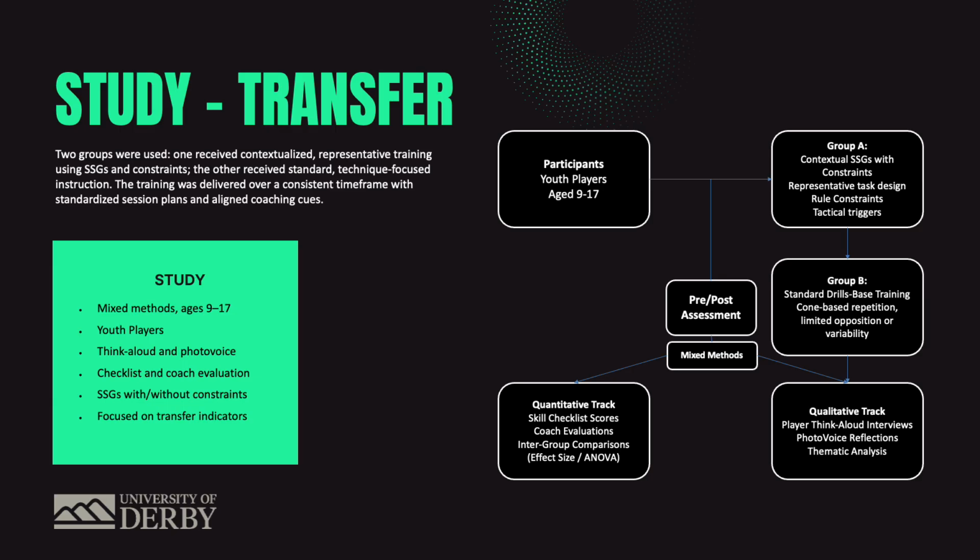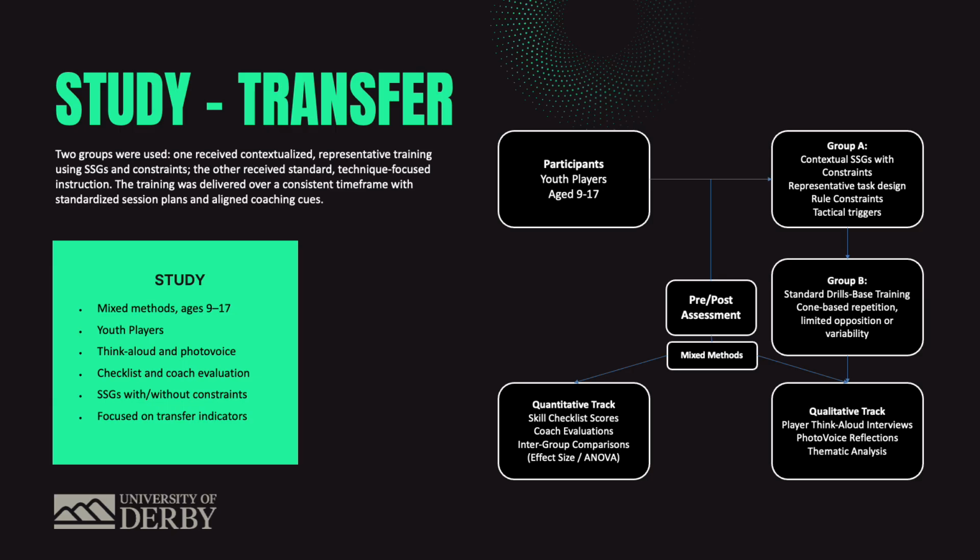To evaluate transfer, we used a mixed method design. This meant looking not only at what changed on the field, but also at how players experienced the learning process. On the quantitative track, we measured skill checklist scores, gathered coach evaluations, and ran intergroup comparisons using effect sizes and ANOVA.